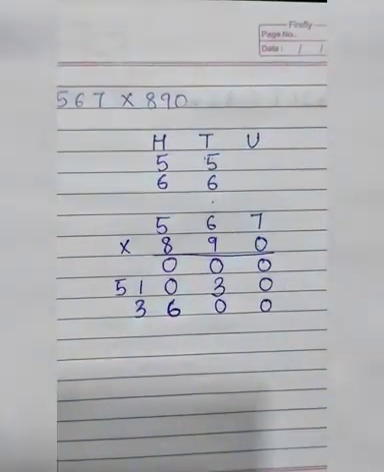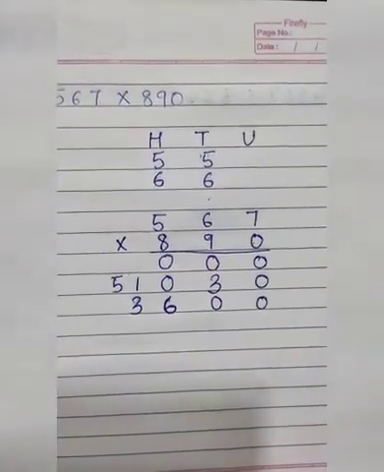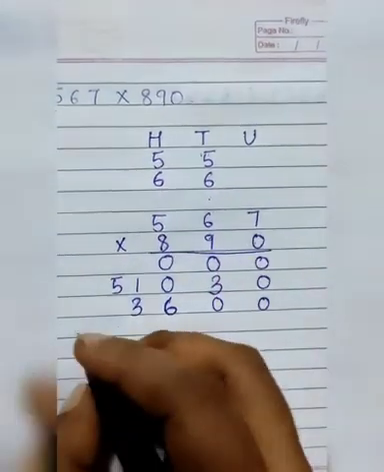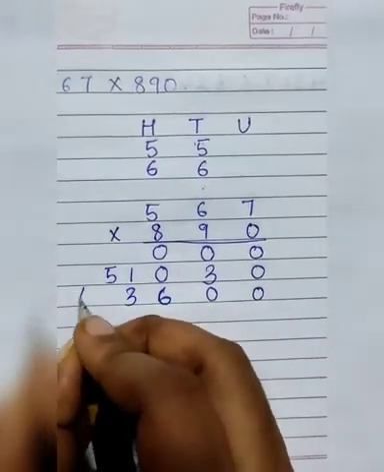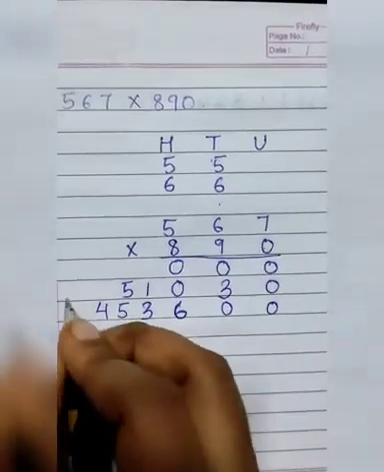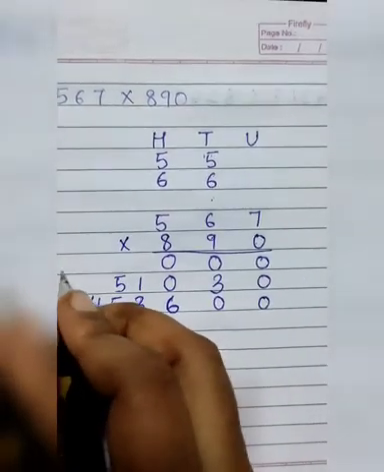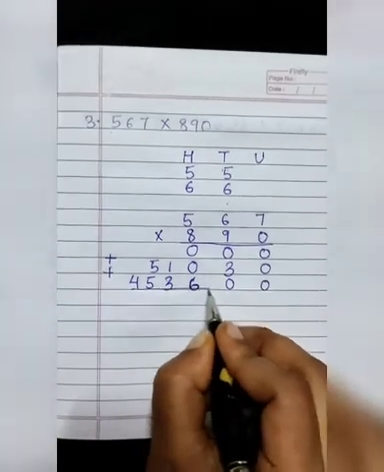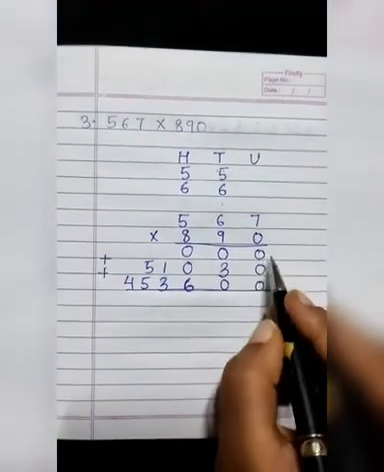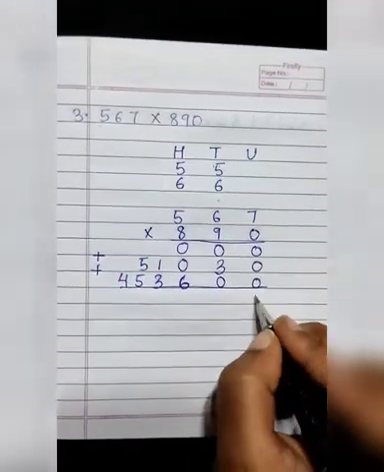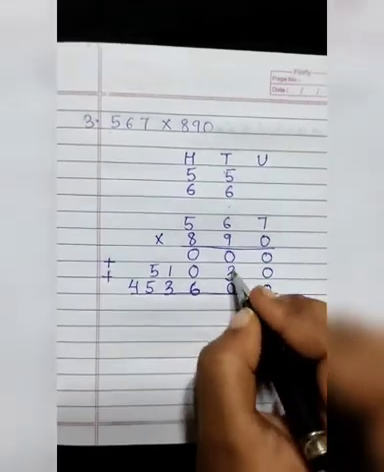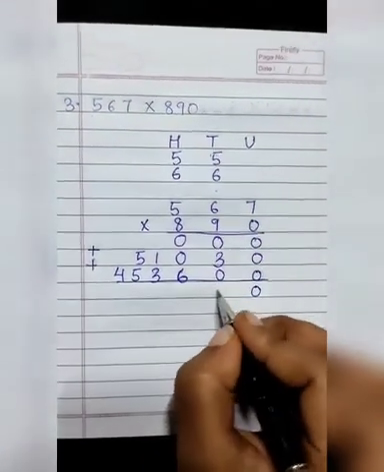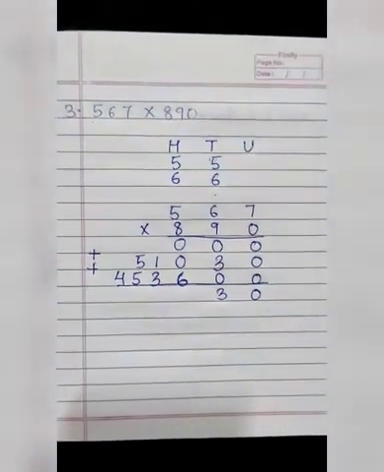Now 8 fives are how much? 40 and plus 5. So it will be how much? It will be 45. So now we will put the plus sign and then we are going to add all these three numbers. 0 plus 0 plus 0 will be 0. 0 plus 3 plus 0 will be 3.